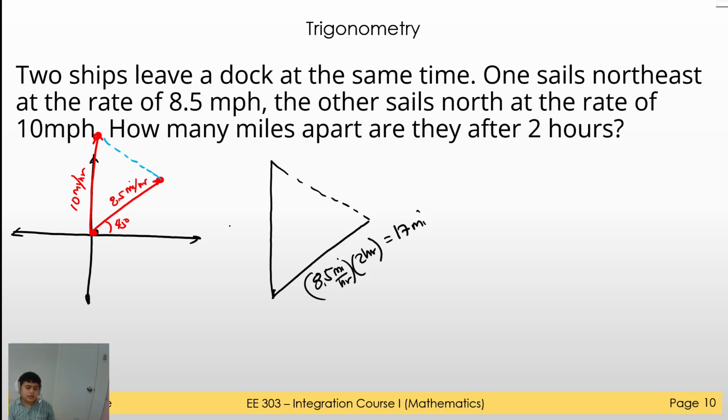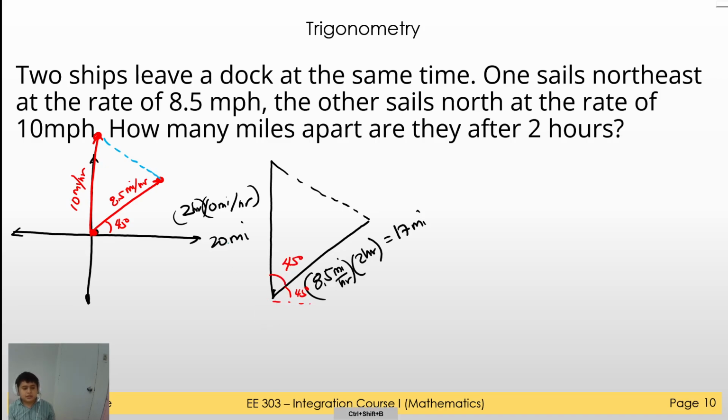For the other one, it is 10 miles per hour multiplied by 2 hours, so there should be 20 miles. Also, we have a given angle here, 45 degrees, since this is northeast.